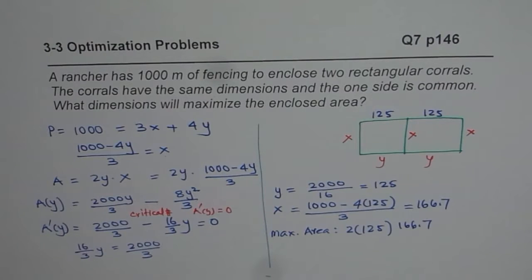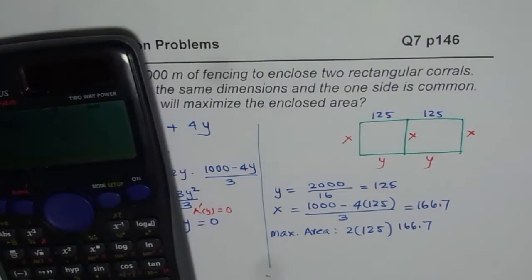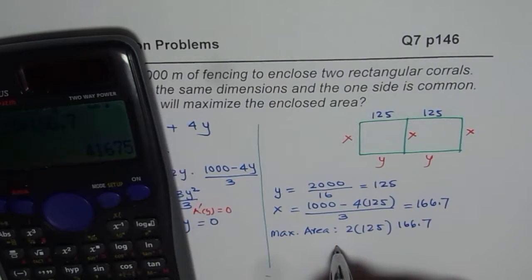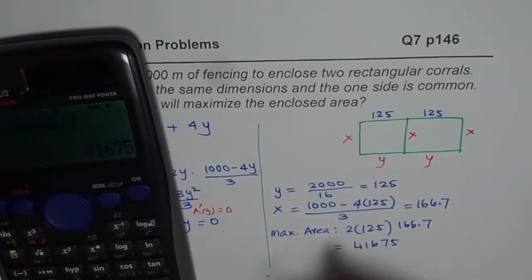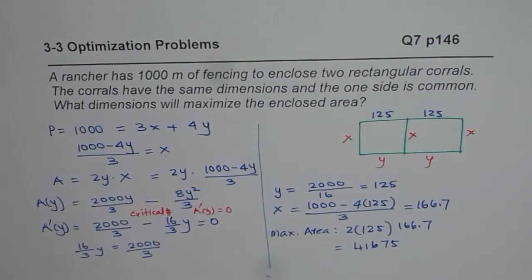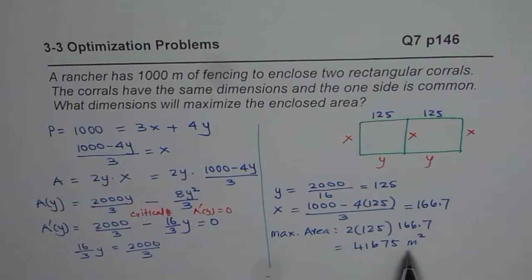So let's multiply 2 times 125 times 166.7. Approximately that is going to be equal to 41,675. The units are meter square, right? So that is the approximate value for the maximum area.